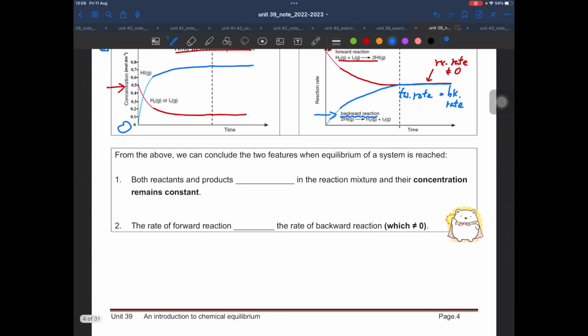Now, let's fill in the blanks. Both reactant and product exist in the mixture, and their concentrations remain unchanged. And the next one: the rate of forward reaction equals the rate of backward reaction.